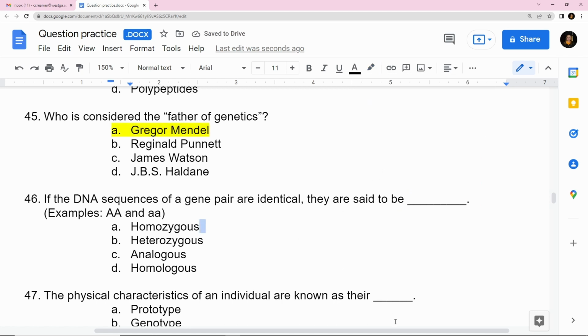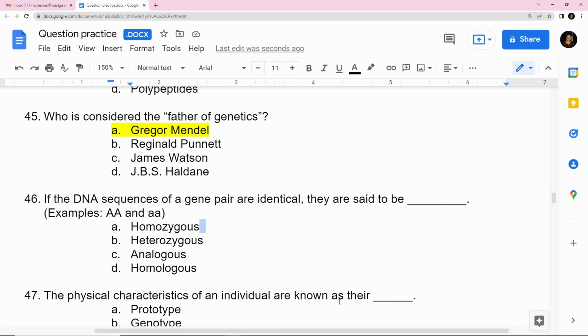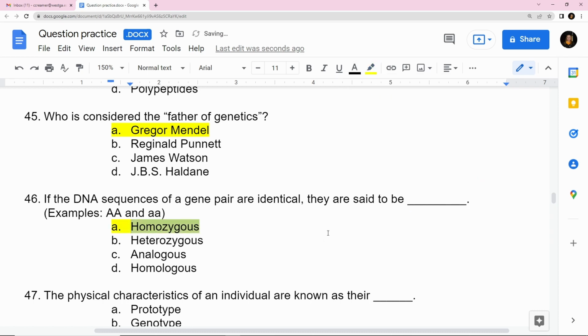If the DNA sequences of a gene pair are identical, they are said to be blank. Homozygous, heterozygous, analogous, or homologous? If you said A, homozygous, you would be correct.